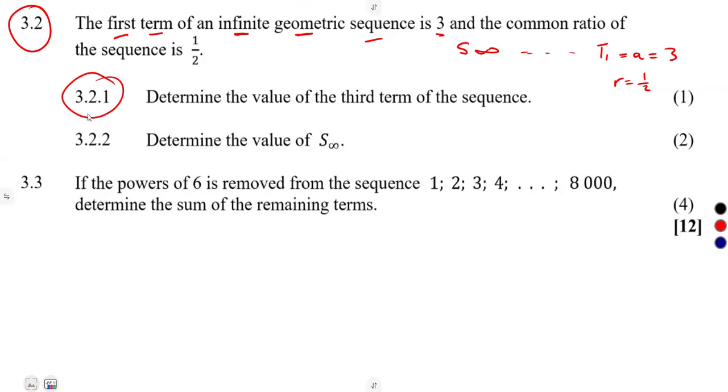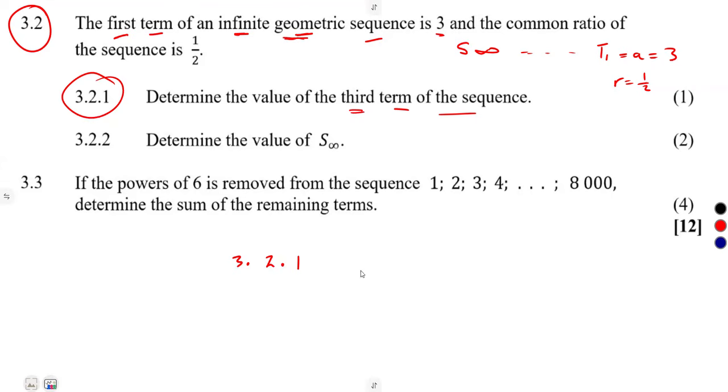So we are being asked here, determine the value of the third term of the sequence. Remember, guys, whether it is infinite or not, it is a geometric sequence. So this does not stop us from calculating the nth term the way that we are used to.